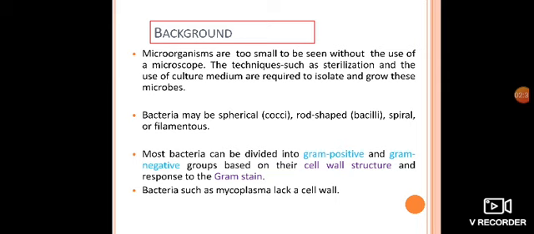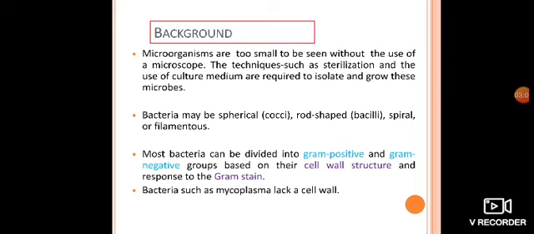Now most bacteria can be divided into gram positive and gram negative groups based on their cell wall structure and response to gram staining. This point is very important in the topic of bacteria, because up till now we know that on the basis of size, shape and structure we distinguish bacteria, but there are still a few more points on the basis of which we divide the bacteria.